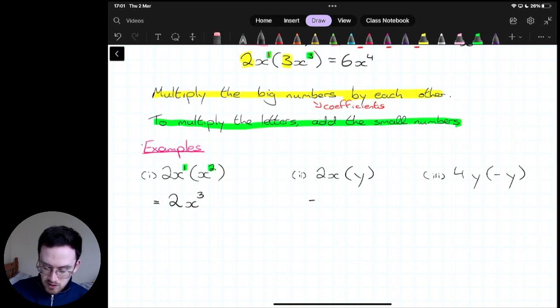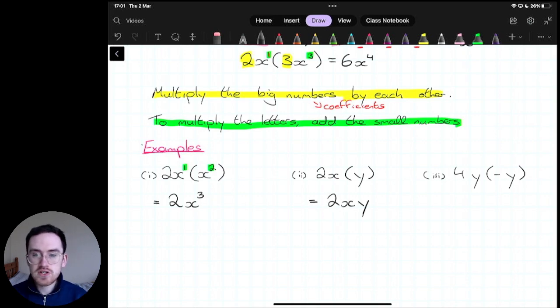For the next part, we have to think about it a little bit more. 2x multiplied by y. This is similar to the ones we did previously. 2x multiplied by y is 2xy. All that we do is get rid of those brackets that tell us it's multiplication, because we remember that in algebra we don't use the multiply sign, so we can just write the two letters beside each other, and that still means multiply.